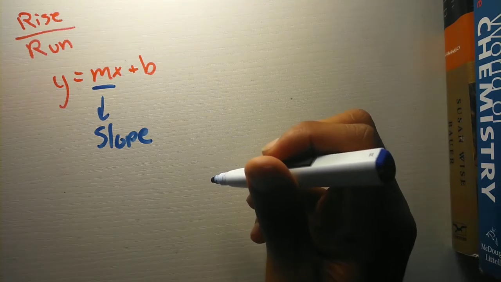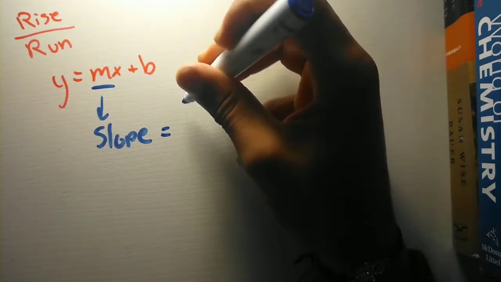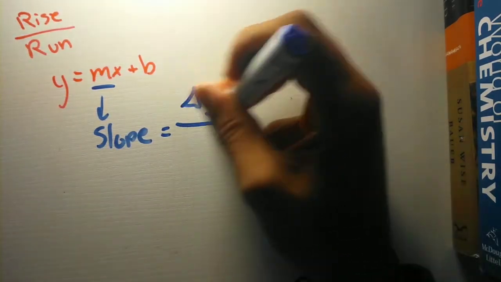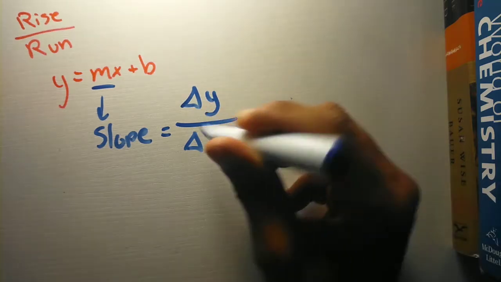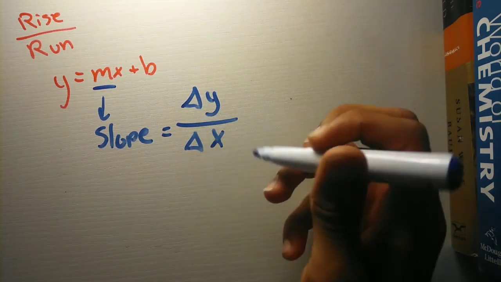And m is basically the change in y over the change in x. Let me show you what that looks like. It is equal to the change in y over the change in x, not the triangle over y, not the triangle over x. That's just a symbol for change, right?